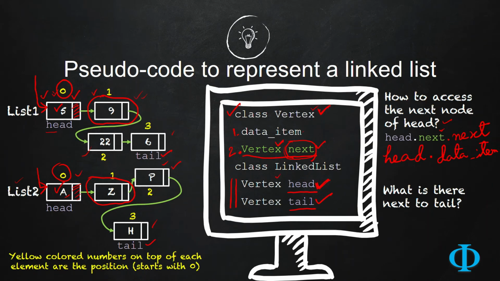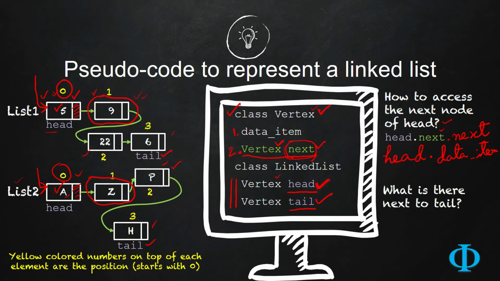So just by using these dot operators, we can access anything inside the linked list. Now the actual implementation in a specific programming language may vary a little bit, but in most cases it will follow this type of structure in any programming language.